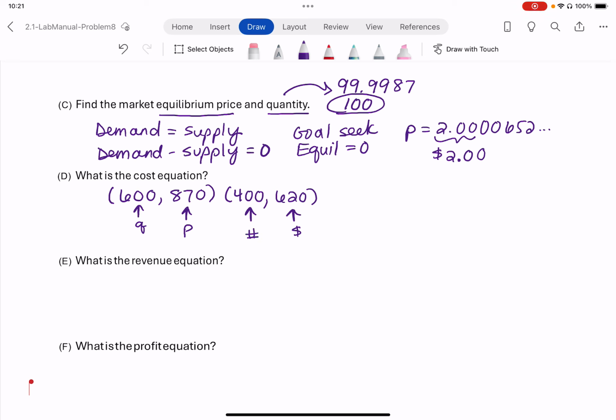All right. So what's going to happen here is when we go to Excel and find that linear trendline, we're going to get y equals 1.25x plus 120. And what we need to realize is our input variable, the x, is a quantity.